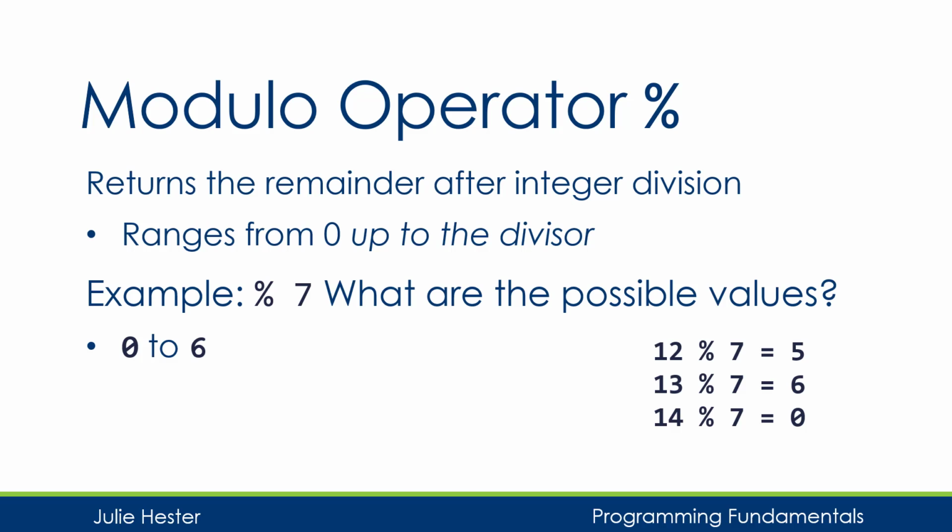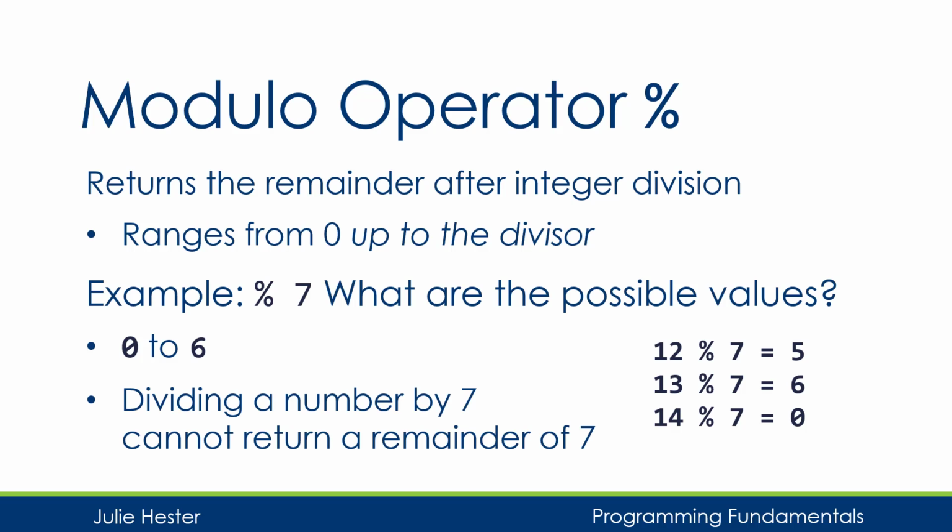We divide 12 by 7, we'll have a remainder of 5. 13 mod 7 is 6, and then when we get to 14 mod 7, the next number in sequence would be a 7, but 7 can't be a remainder when we divide by 7. So 14 mod 7 takes us all the way back to 0. And we would see these same values no matter what numbers we were using with mod 7.